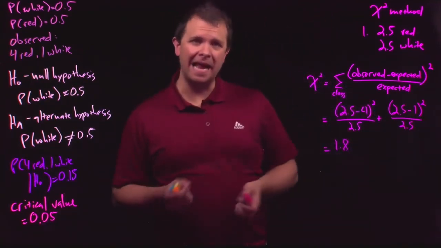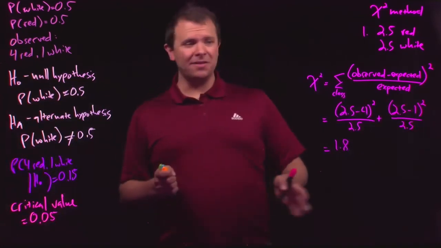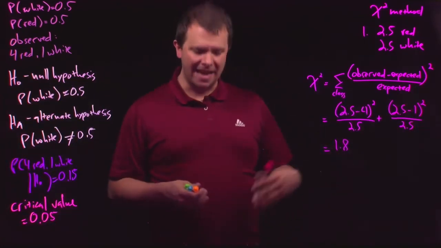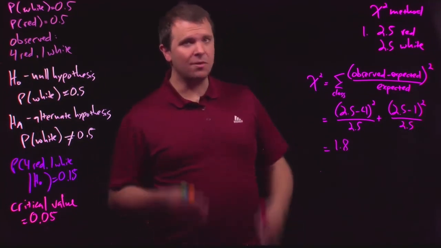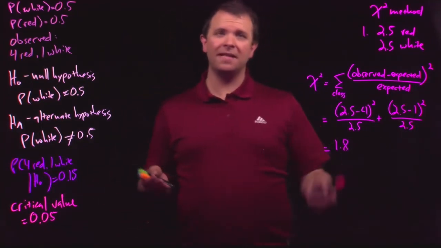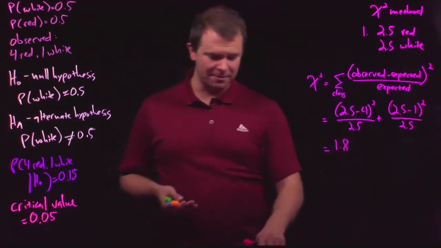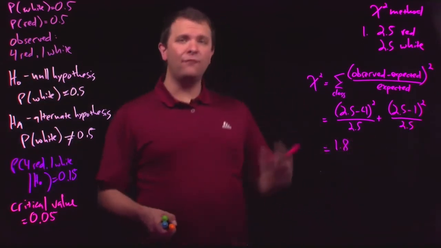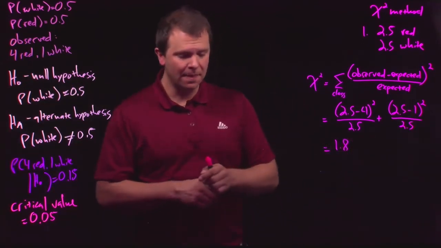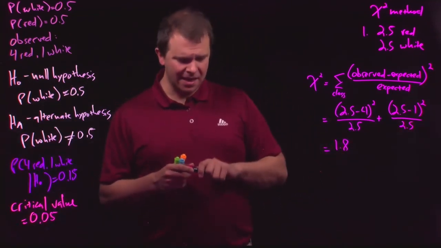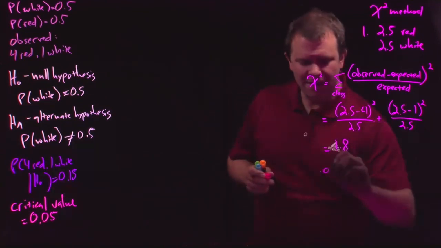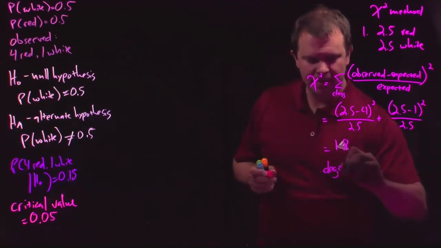And the chi-squared statistic, our final value here, is 1.8. What does 1.8 mean? Well, we actually need to take this value and look it up in a chi-squared table. And there's one of those in your textbook. You can also find them all over the place online if you type chi-square table into Google. However, before we can find a useful interpretation for this value, we need one more thing, which is called the degrees of freedom of the experiment.